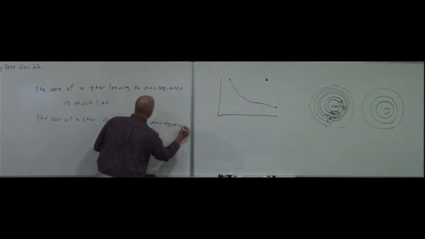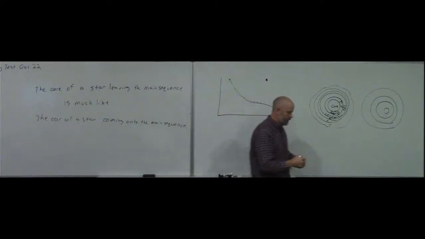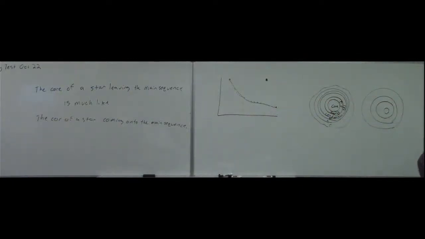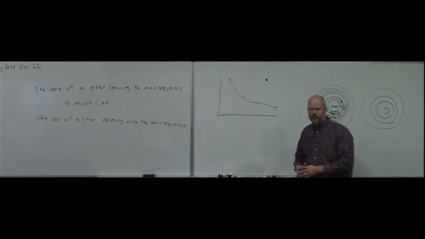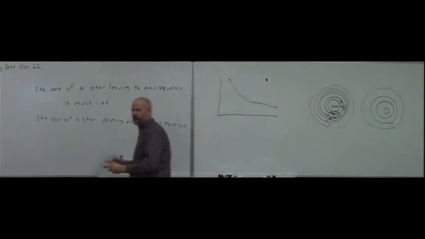I'm going to explain why in just a moment, okay? Go ahead and get that written down if you would. Core of a star leaving the main sequence is much like the core of a star coming onto the main sequence. So let's think back to our stellar evolution.